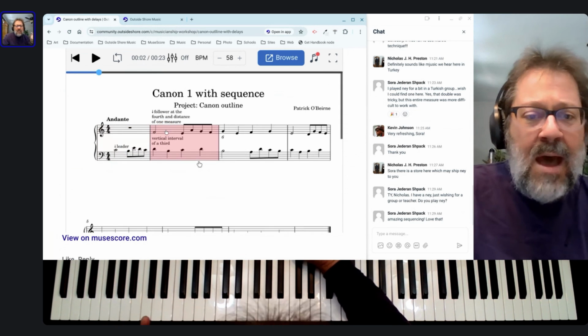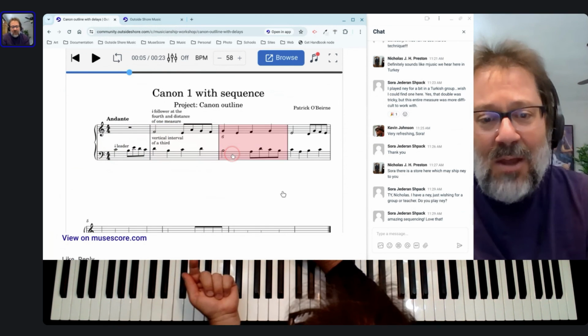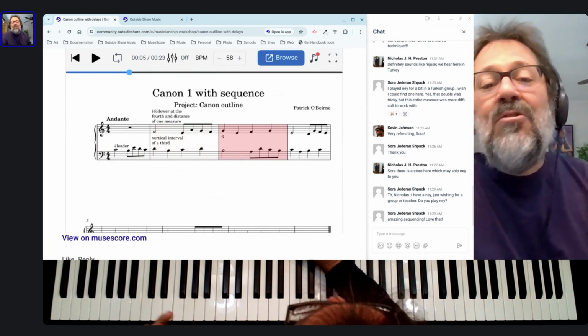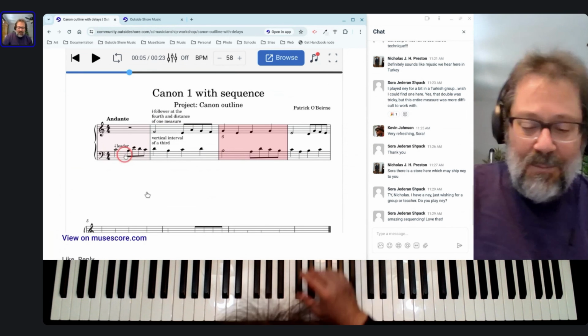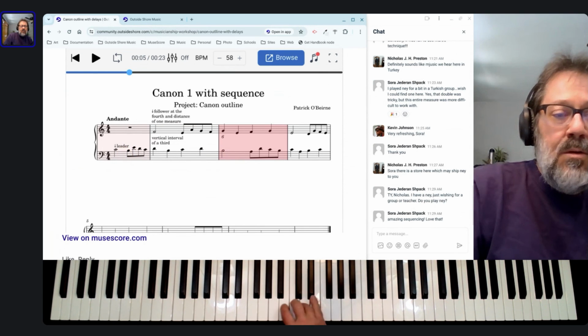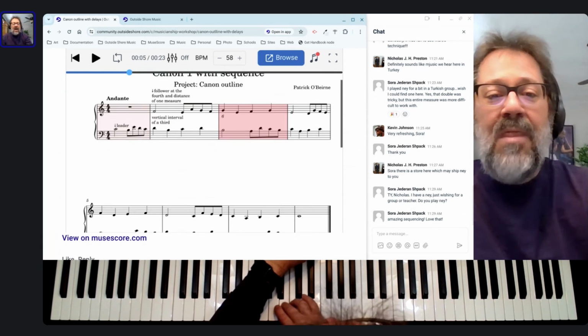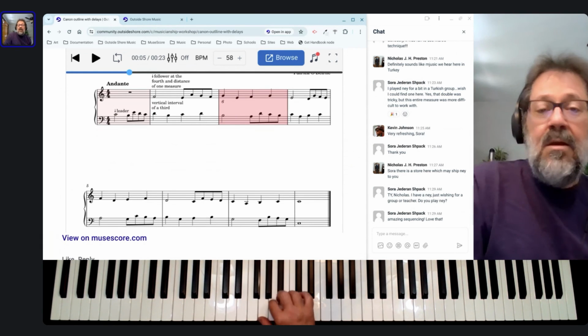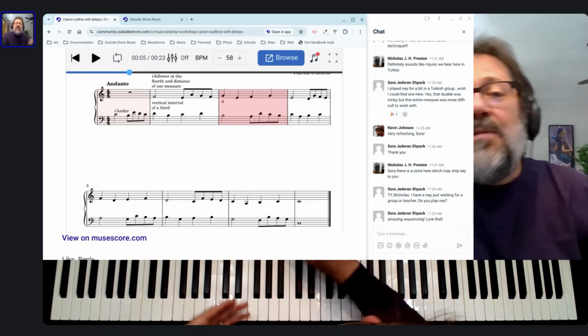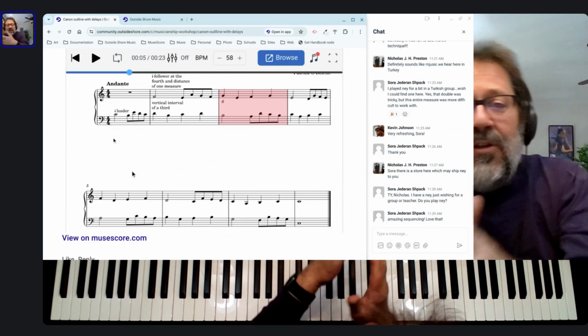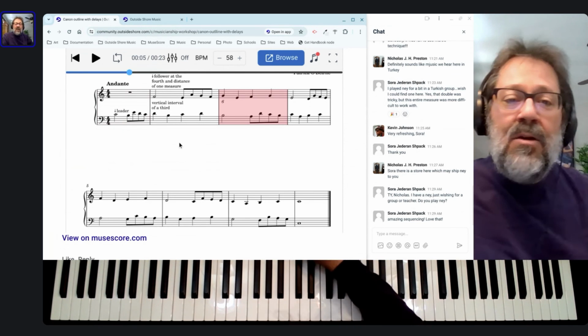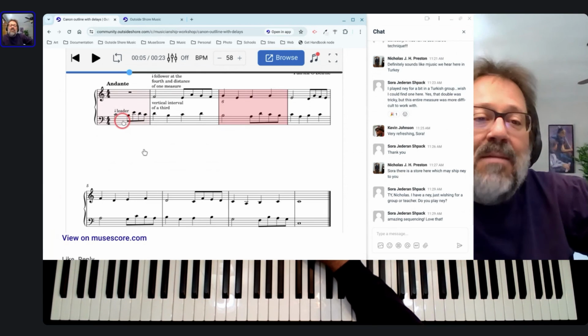Not only that, but it means the next measure, the leader can then do the same thing again. So as long as the outline of the leader keeps following that same pattern, then the leader itself can keep repeating that sequence.